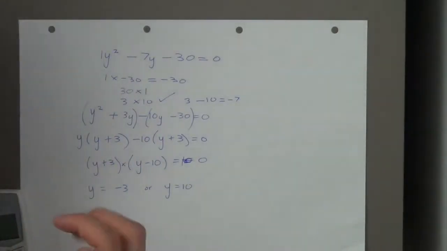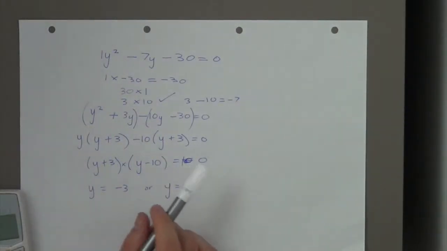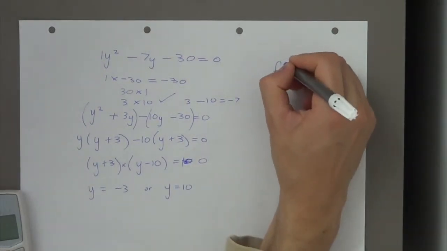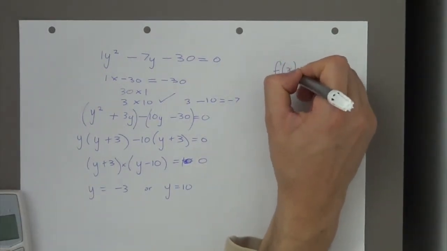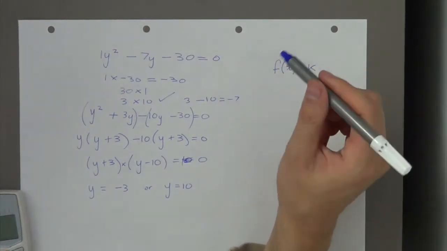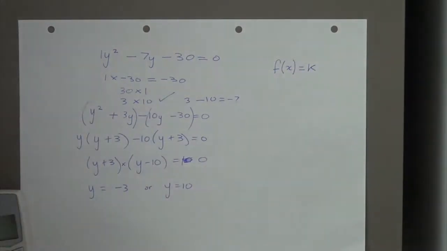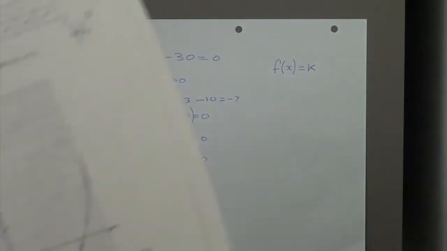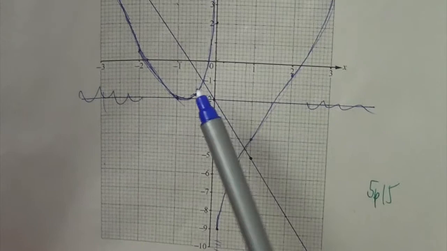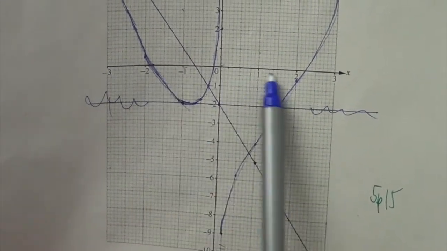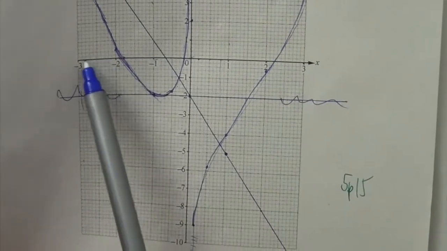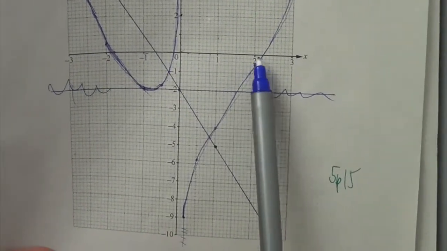Right, next question. It says, find an integer k for which fx equals k has one solution. Okay, so again, y equals k. Again, if we look at our graph, this is another straightforward question. Basically, if y equals function of x equals 0, it has got 3 solutions, okay?